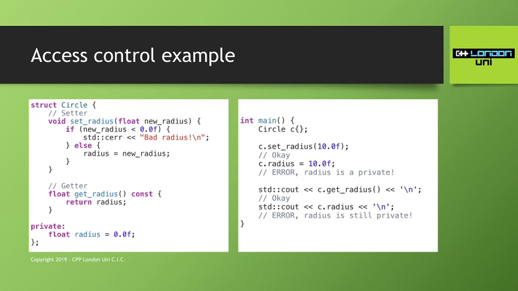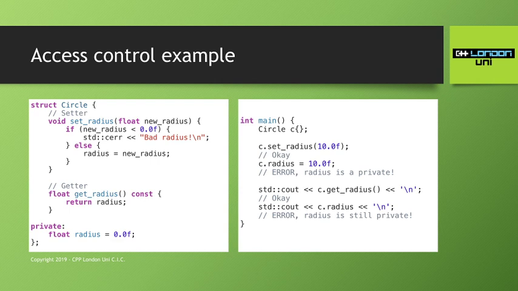Does this make sense to people? We can mark data members as private, and then we can't even look at them. And if we want to allow people to access these things, we can have getter and setter functions that are very common. So common, in fact, some languages have built-in syntax for this.